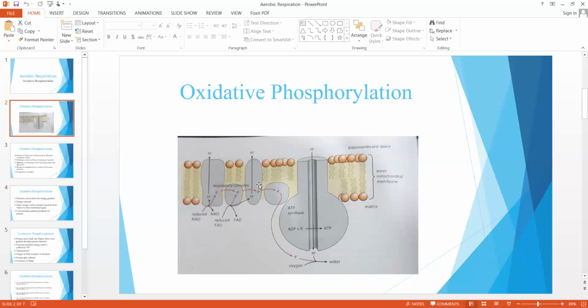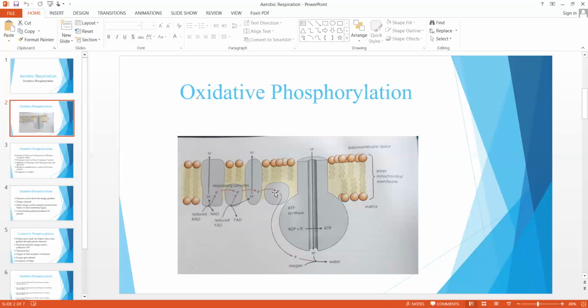Now, you people have studied that there are basically three types of proteins according to their location in the phospholipid bilayer or in the membrane. There are some proteins which are intrinsic proteins, which are towards the cytoplasm. Over here, this is of course not the cytoplasm, but they are facing towards the matrix.